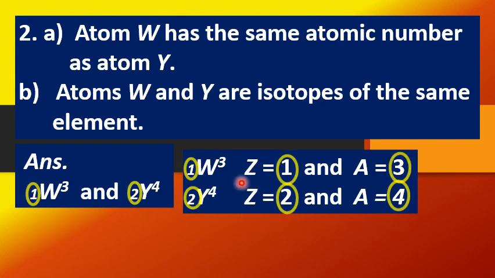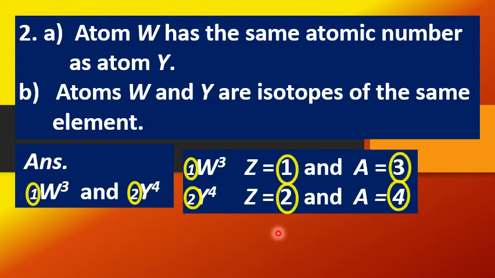So because of that, we say that statement letter A is false. And although their mass numbers are different, capital A equals 3 for atom W and capital A equals 4 for atom Y, the fact that their atomic numbers are different means we cannot consider atoms W and Y as isotopes of the same element.